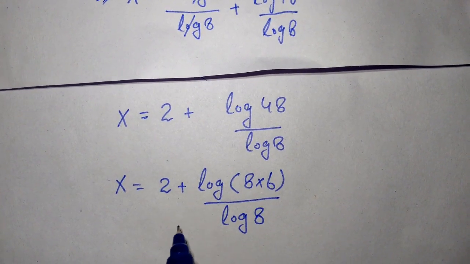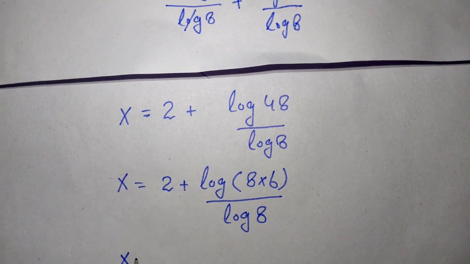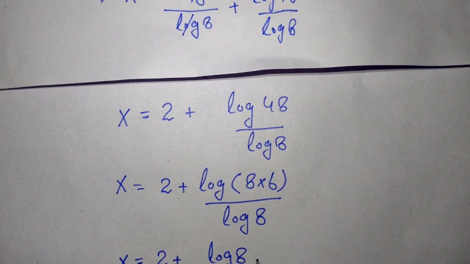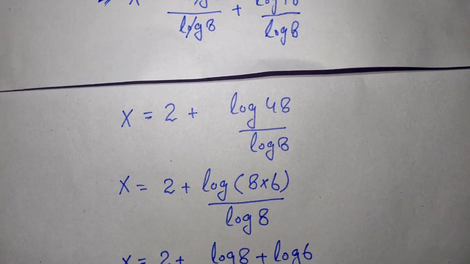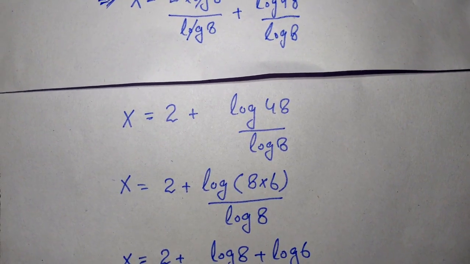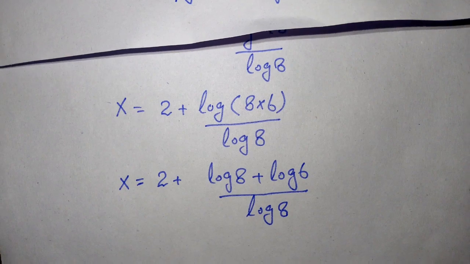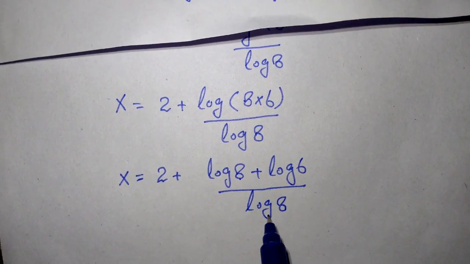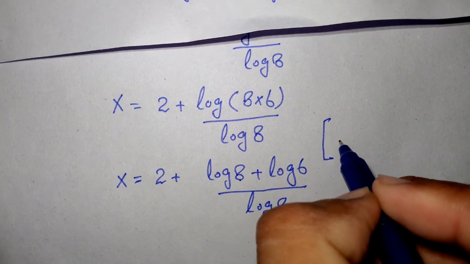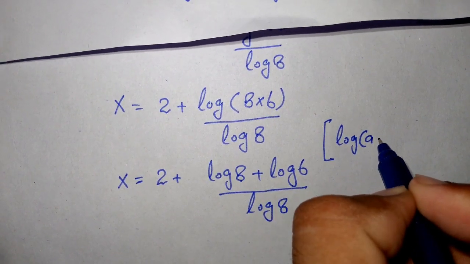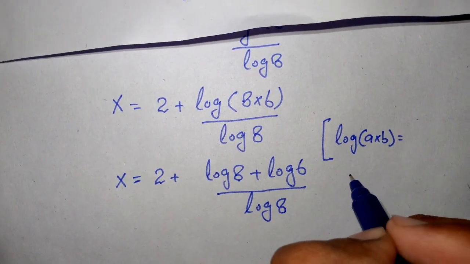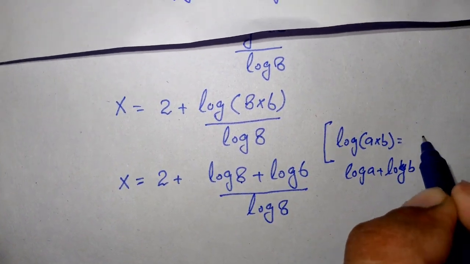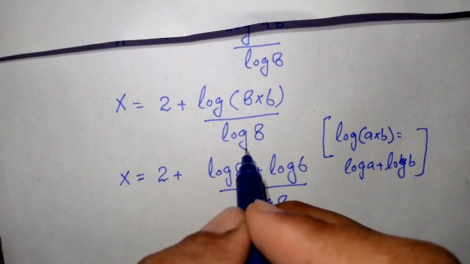Now we can also write this as x is equal to 2 plus log of 8 plus log of 6 divided by log of 8, by applying this condition here: log of a multiply b is equal to log of a plus log of b. So this will become log of 8 plus log of 6 divided by log of 8.